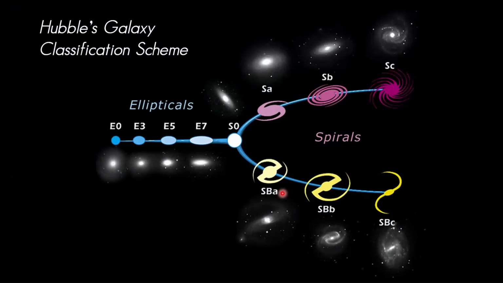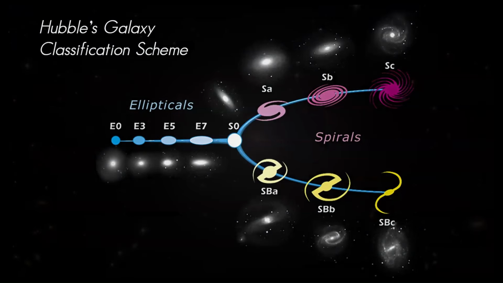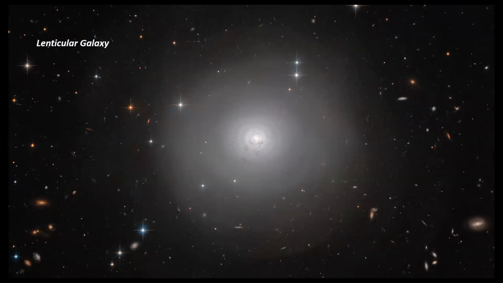So now we go on to S0 galaxies, or lenticular galaxies. Now, lenticular galaxies are like spiral galaxies in their structure, at least in every way. They have a central bulge and they have a disk, but the disk has no spiral pattern. So they're kind of like really flat elliptical galaxies. They seem like they're an evolutionary middle, but we're not quite sure why lenticular galaxies are why they are.